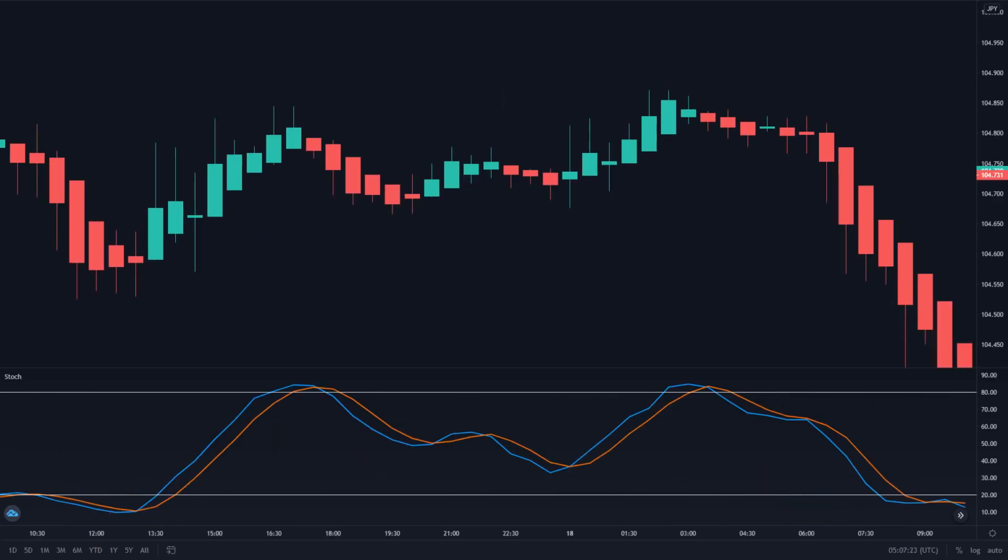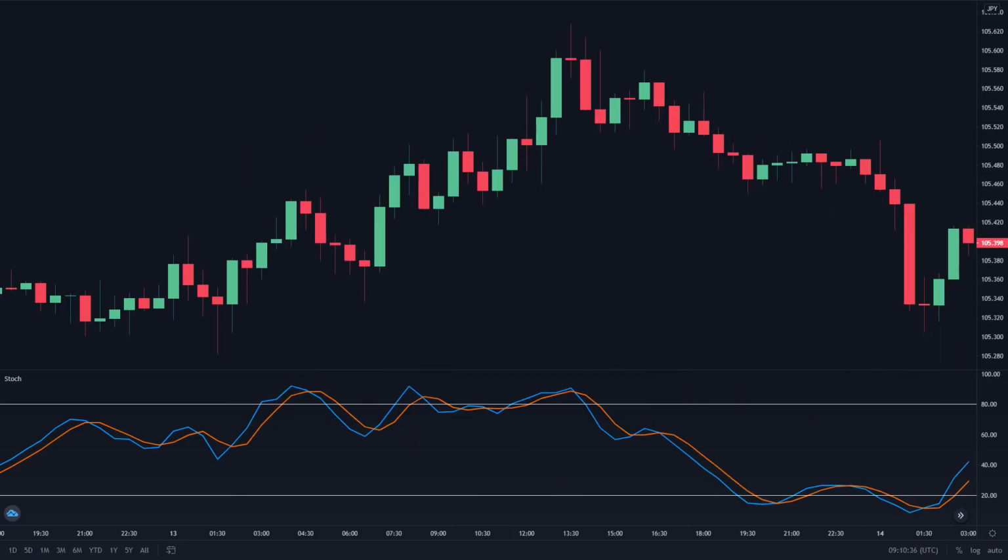And if it crosses above the upper bands, it means the market is considered overbought and is more likely to reverse downwards. But when trading the stochastics indicator, you cannot take positions solely based on if the price is overbought or oversold alone. Because if you're using the strategy this way, it can lead to many false signals.